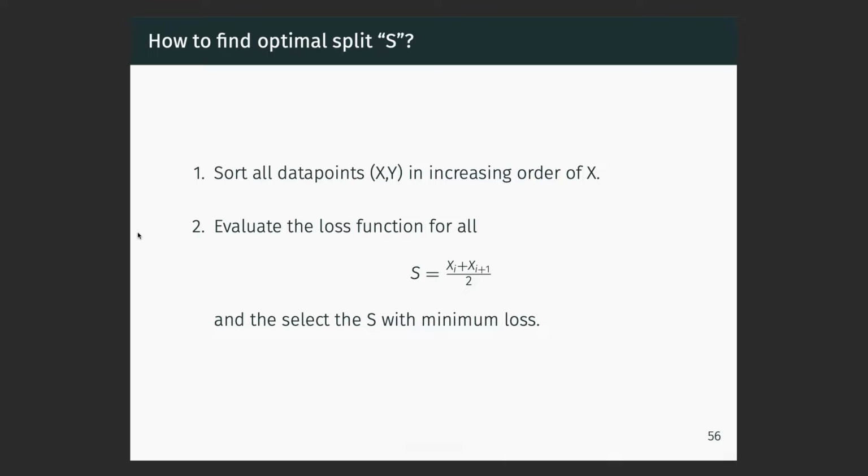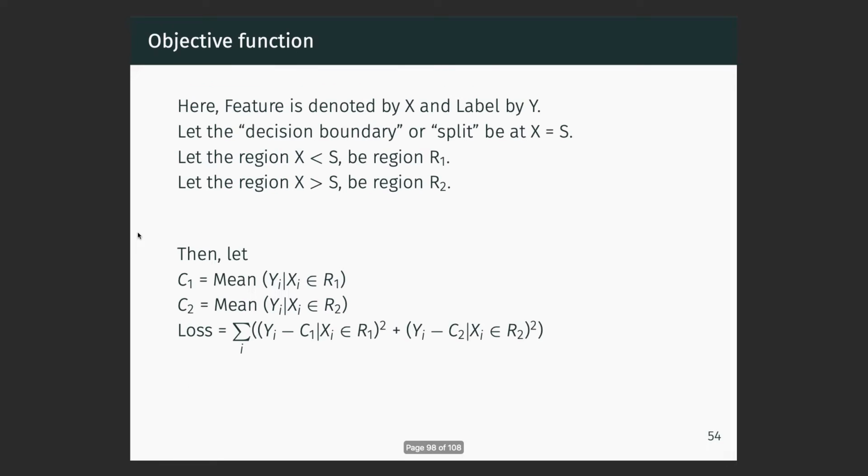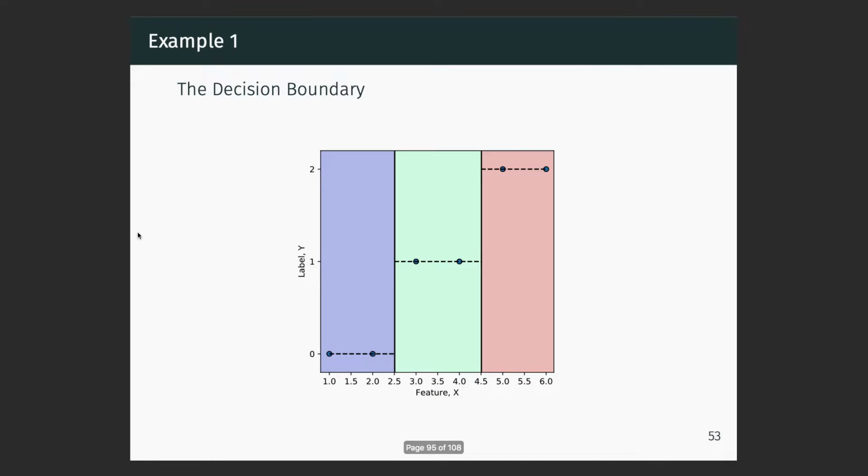And then you select the s with the minimum loss. For example, we could have picked s between 1 and 2, or we could have picked s to be less than 1, or s could be 1.5, between 2 and 3, between 3 and 4, between 4 and 5, between 5 and 6. It turns out the best one is between 2 and 3, and then if you want to split further, between 4 and 5.